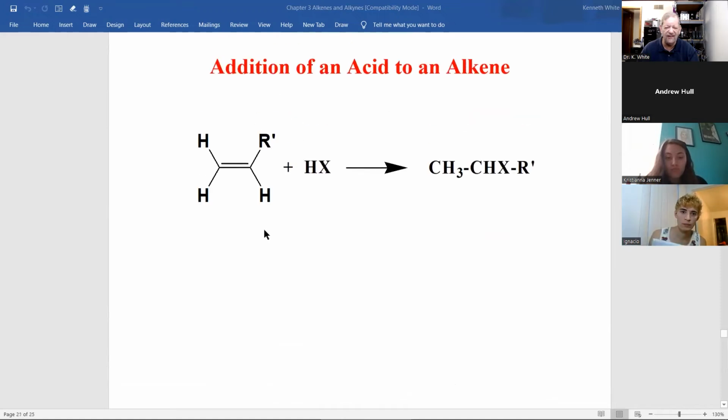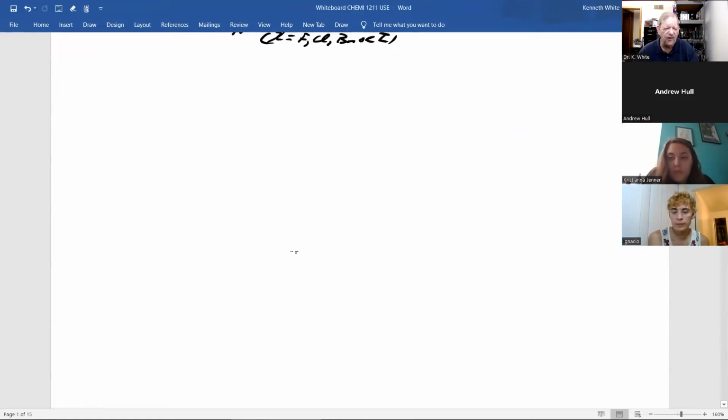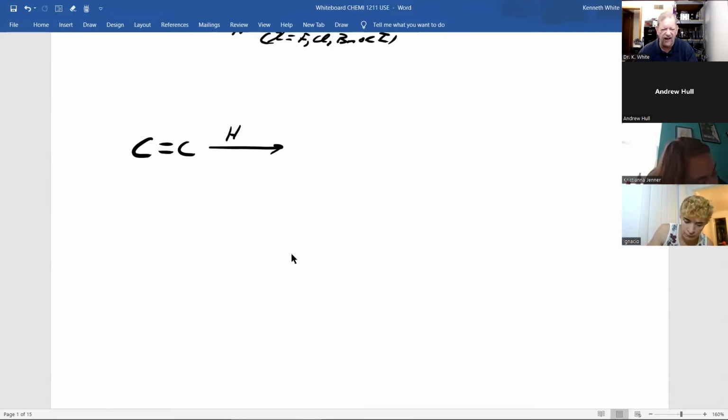I have the slide here, but I have a better way of writing it by hand. So for unsymmetrical addition, if you have a double bond, and the first one I'll talk about is HX, hydrogen halogen acid. Let me remind you, organic chemists can write a general reaction like this, A plus B makes C, or we can also write it, and we do, like this.